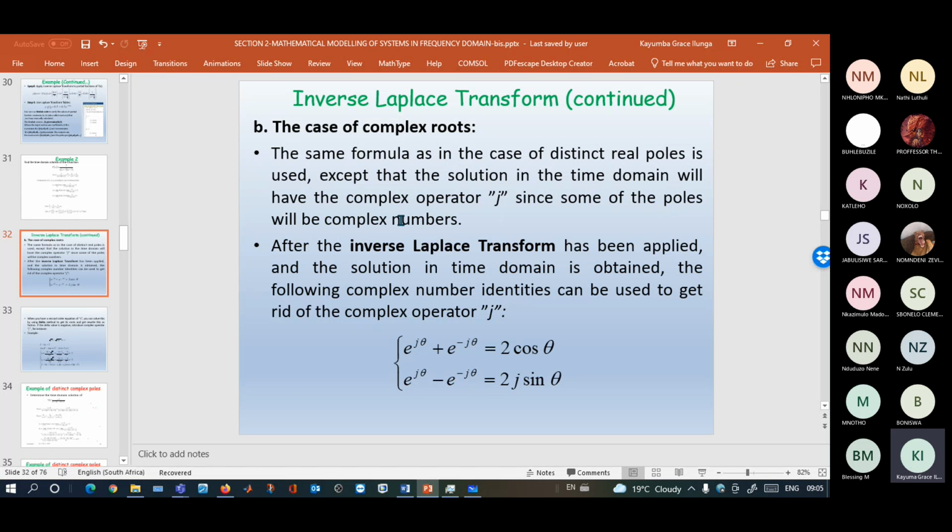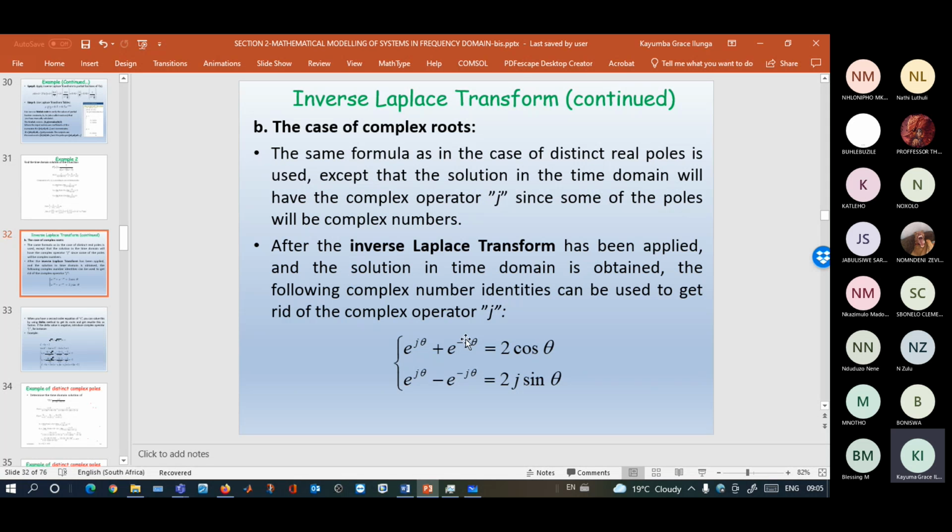After you find the poles, they can be imaginary, or complex with real parts. So you find first the roots. After you find the roots, you can find the values of K1, K2 using the Heaviside method. And after you use the Heaviside method, you can find the inverse Laplace transform.